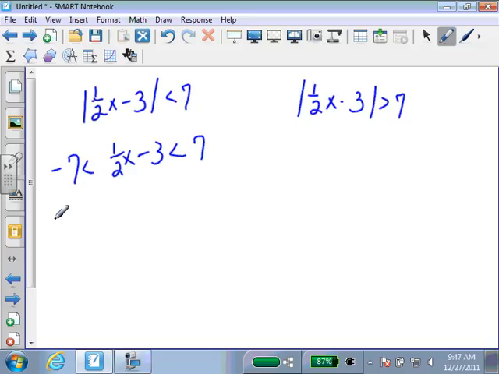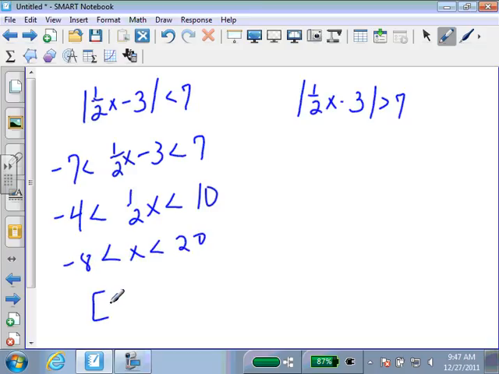Then I add 3 to all 3 parts. Negative 4 is less than 1/2 x, which is less than 10. And then I multiply all 3 parts by 2, so I get negative 8 is less than x, which is less than 20, which expresses this way. It's parentheses, negative 8, 20.